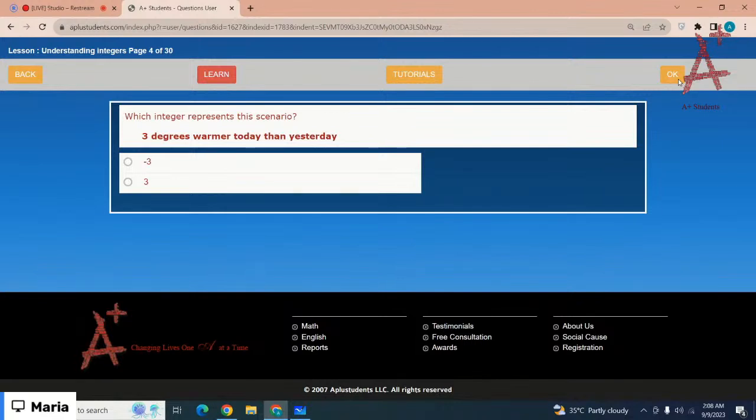3 degrees warmer than yesterday. Which is the correct option? 3 degrees warmer means the temperature is increasing, and increases are always represented by a positive number. So it would be positive 3.